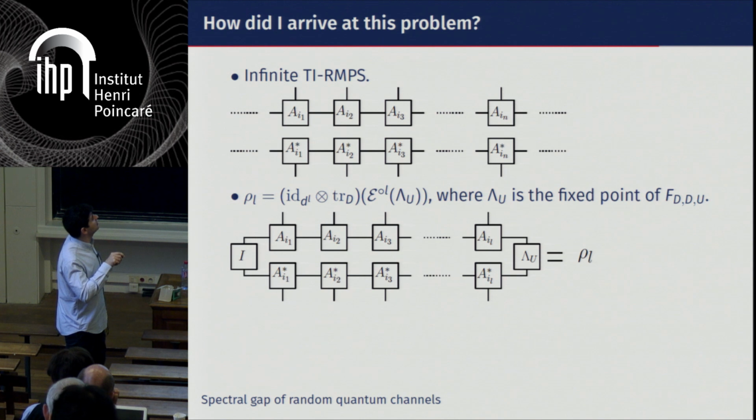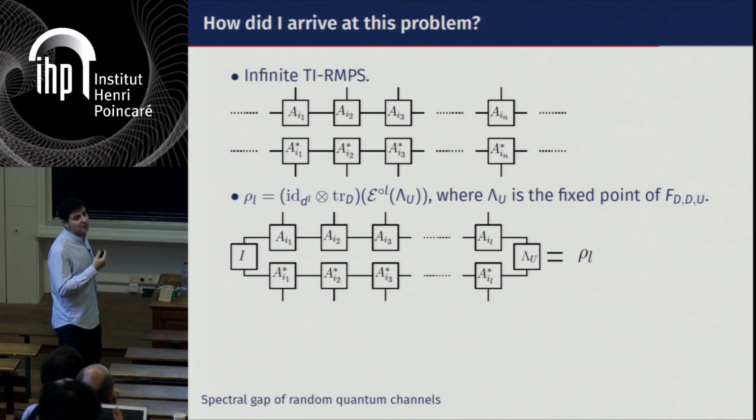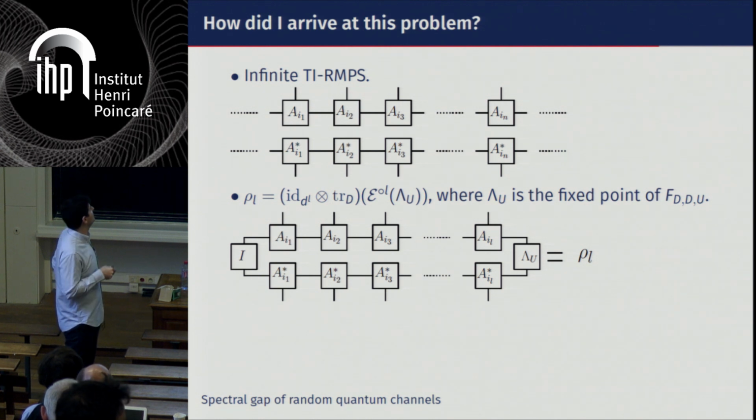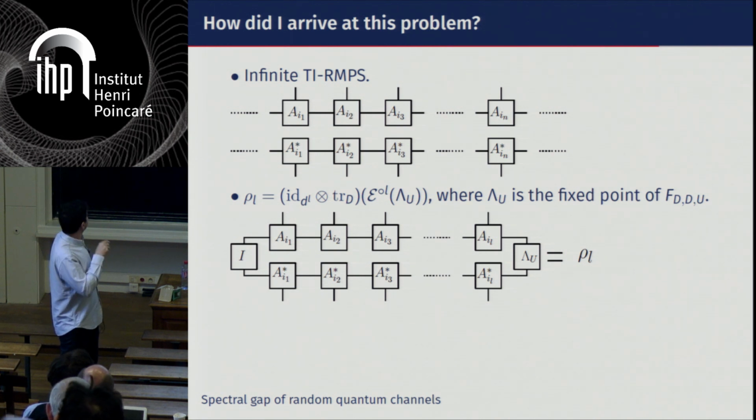This will be a random matrix that is the fixed point, and I don't know exactly how it looks. We know it will have high entropy, but not exactly what it looks like. On the left-hand side, we have the adjoint channel acting many times, and the adjoint channel has only one fixed point, which is the identity, so I will have the identity here whenever I trace. So my reduced density matrix over L sites will have this form.